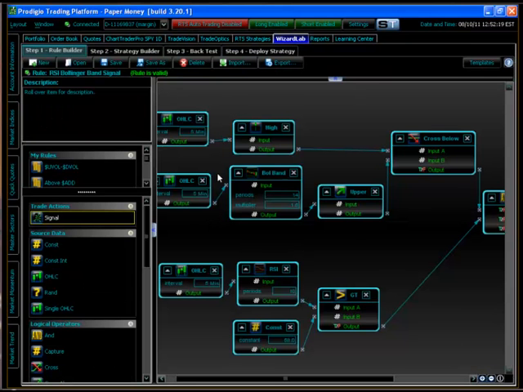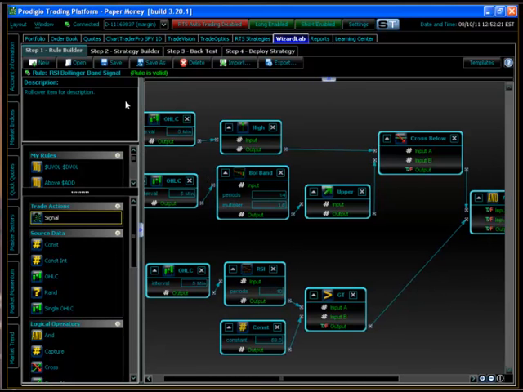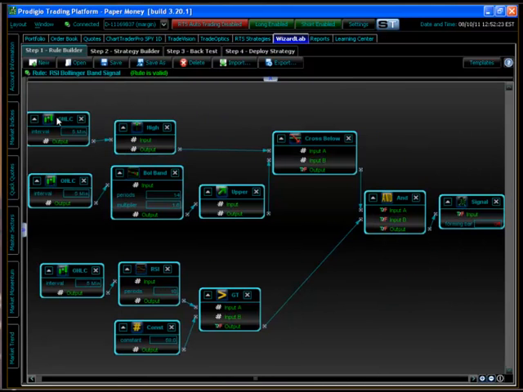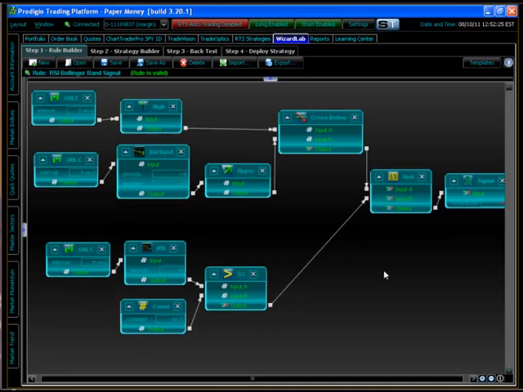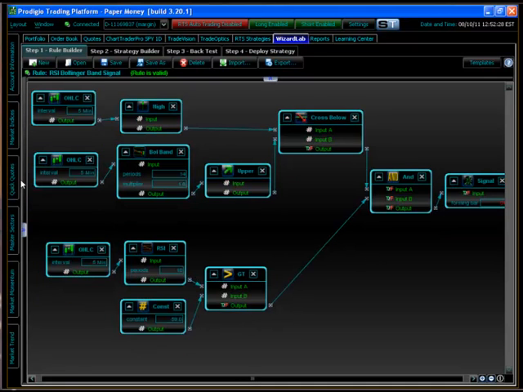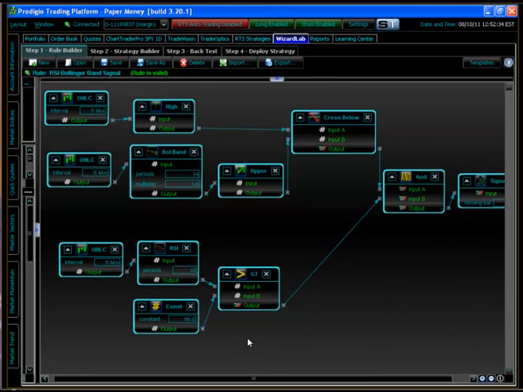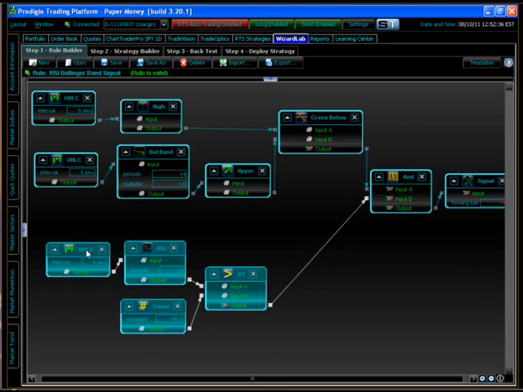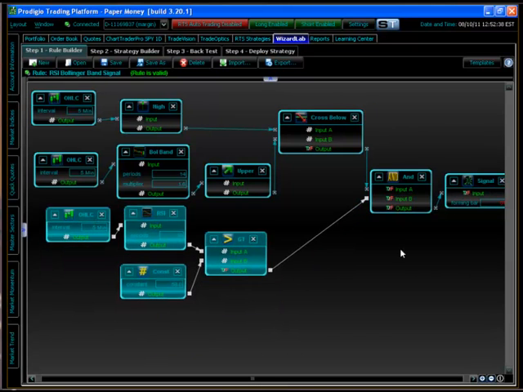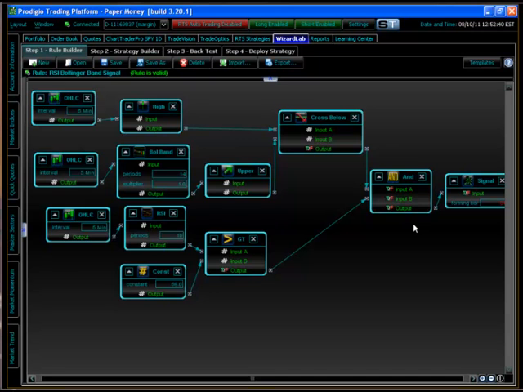Now you can also take these rules and save them, create hybrid rules, and reuse these rules within other rules. So you can always nest these things together inside the My Rules. It's not hard to do that, but I'll save that for another time. I'll just add to this one that I've been working on. I'm going to add one more condition that's going to make sure that I'm bearish.